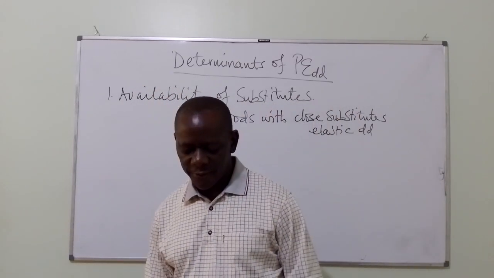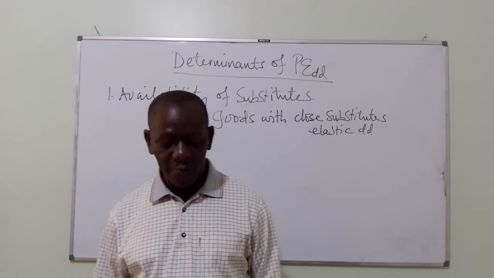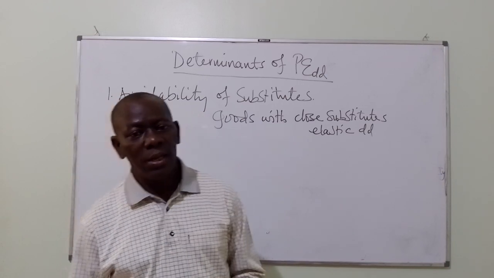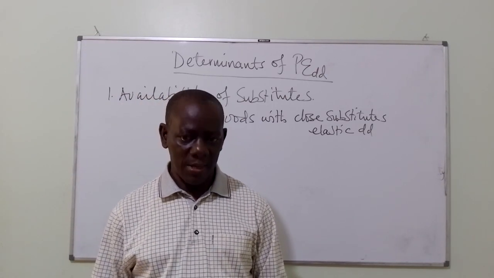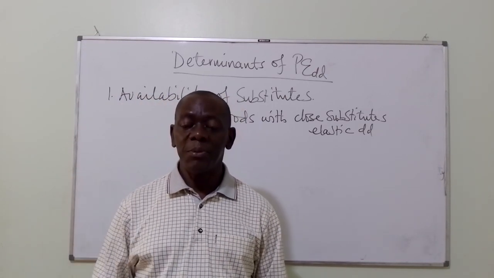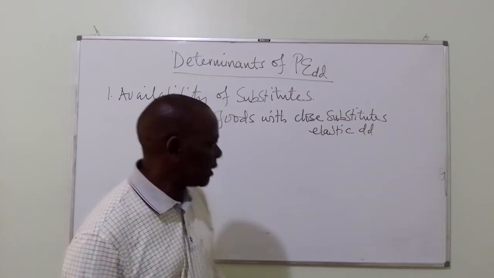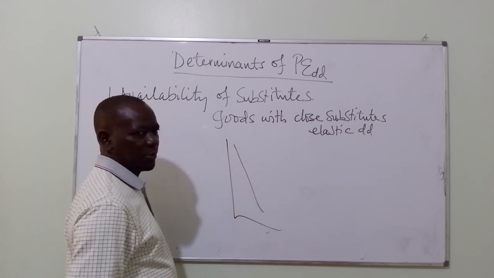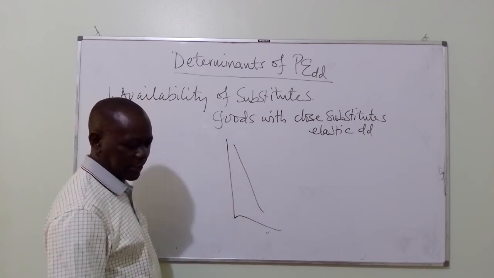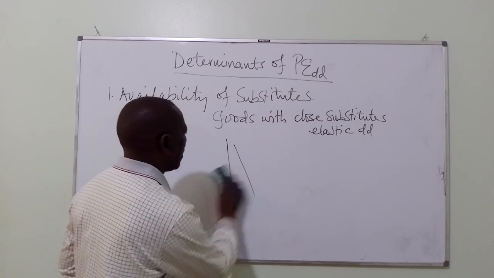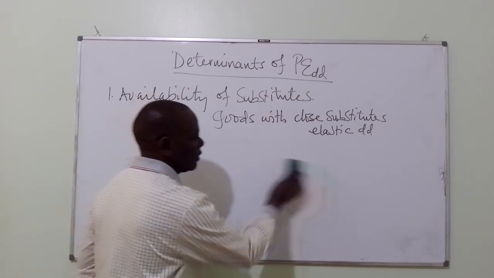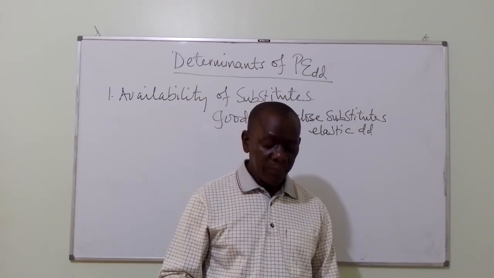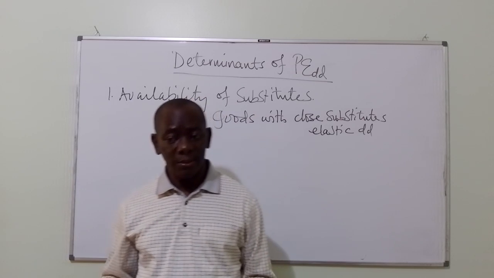Commodities which usually have no close substitutes usually have inelastic demand. Even if you increase the price, people consume those products. The example we can have of inelastic demand, or the real experience of inelastic demand, is electricity.